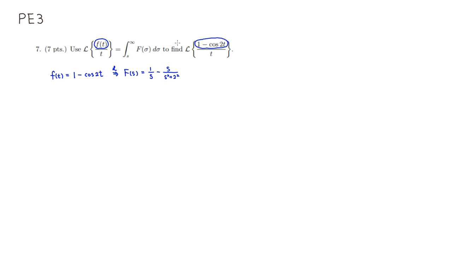Then it says that the Laplace transform of f of t over t is simply the integral of what we just found from s to infinity. So let's compute that.